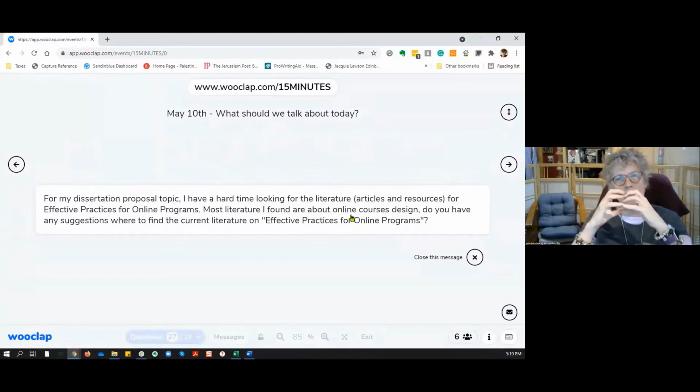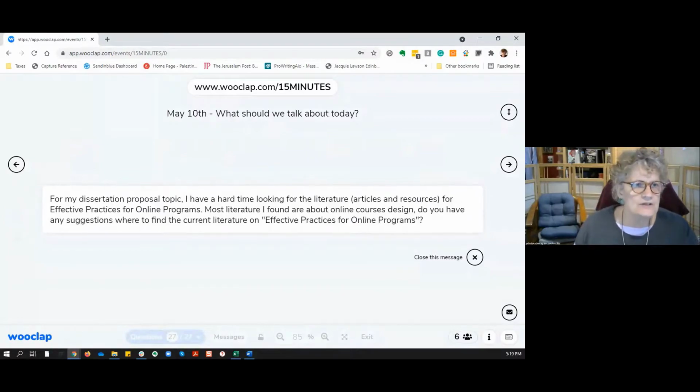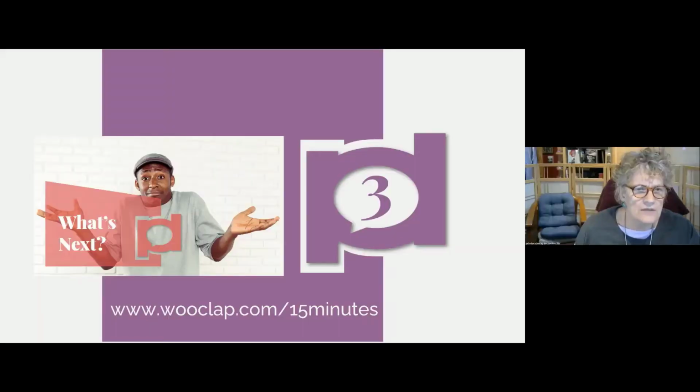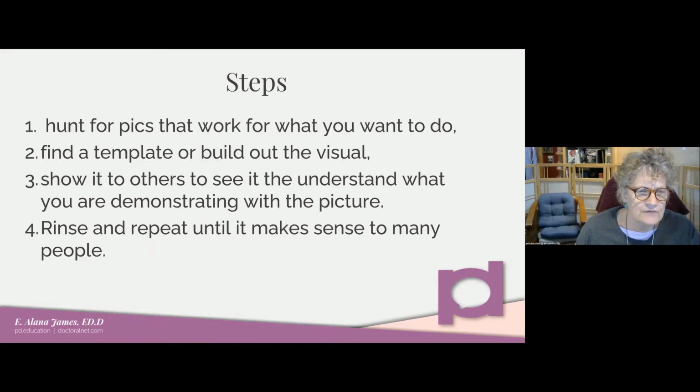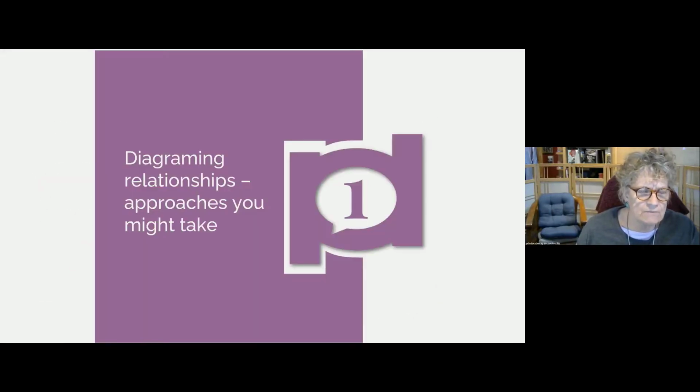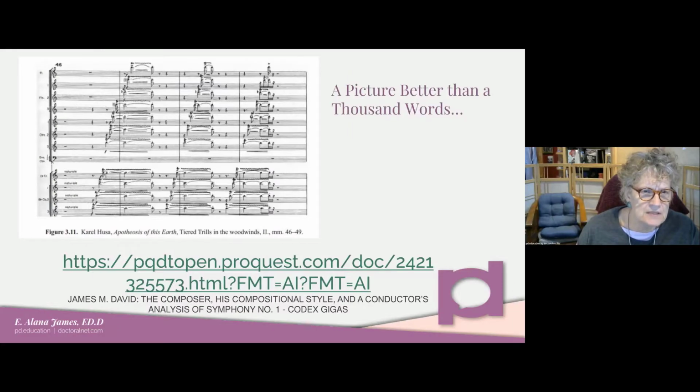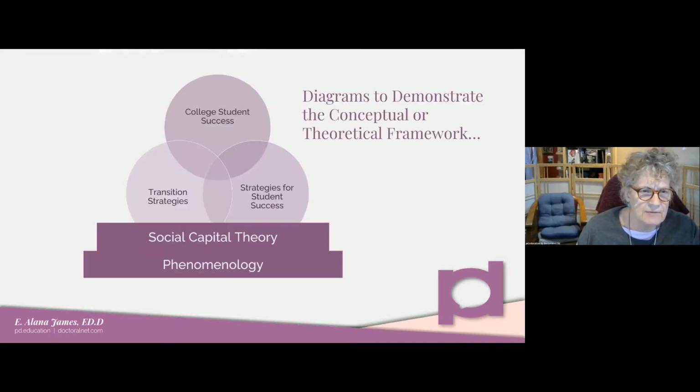So overlapping topics that don't agree will have little sections, like a 3-part Venn diagram. I'll just show you that we have many slides on this because I've talked about it in the 15 minutes on conceptual and theoretical frames.